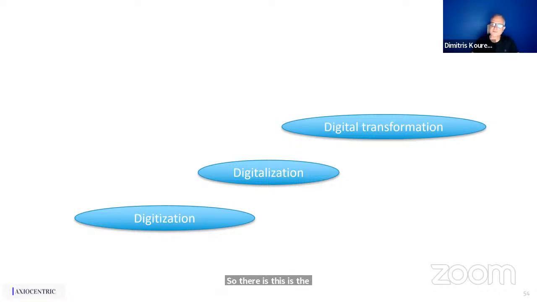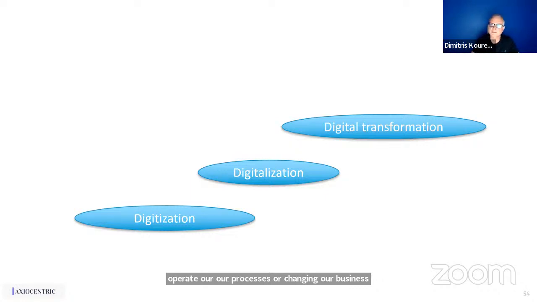And digital transformation is about changing dramatically or significantly the company from A to B, either by learning new skills or by changing the way that we operate our processes, or changing our business model.